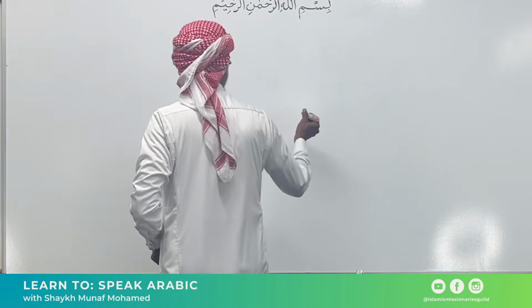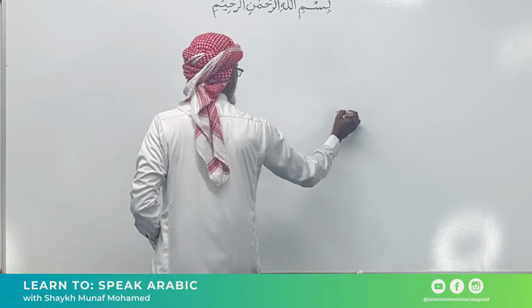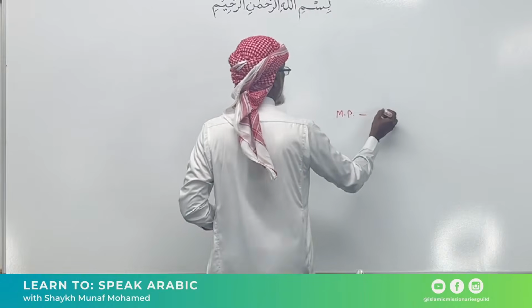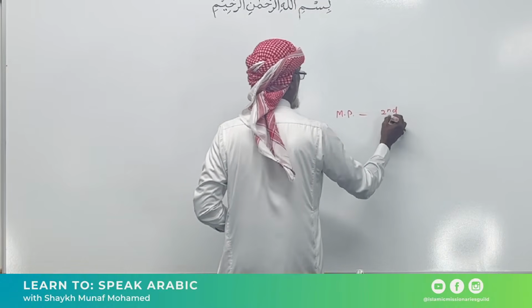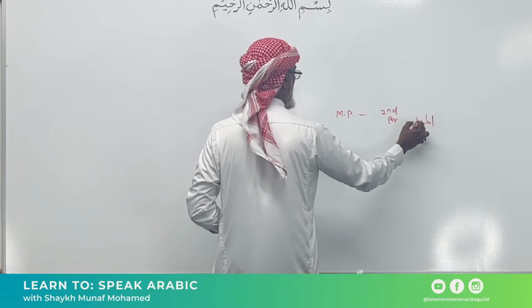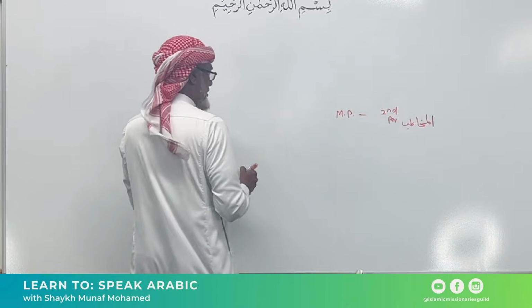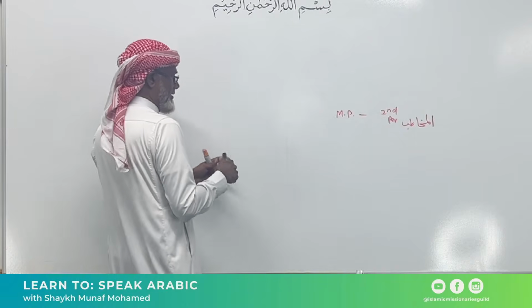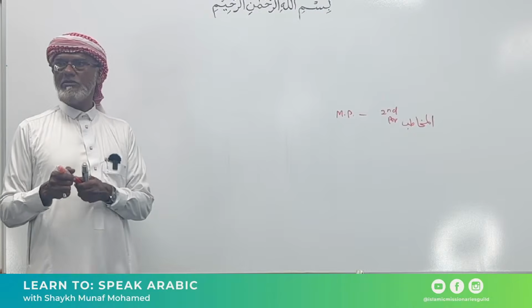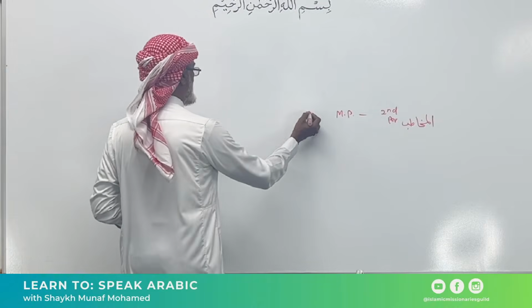So we forgot the masculine plural conjugation for second person, which is called al-mukhatab. All right? Masculine plural. So second person, we said all of the second person is what?